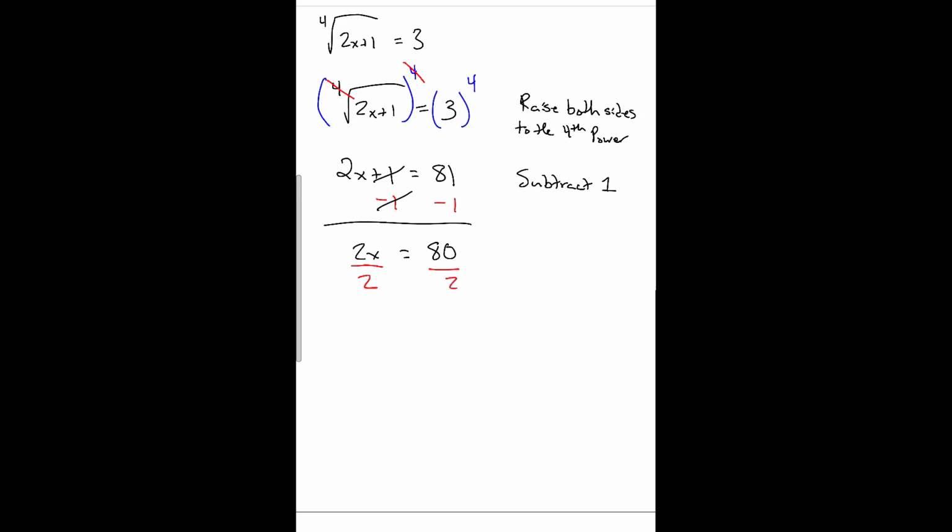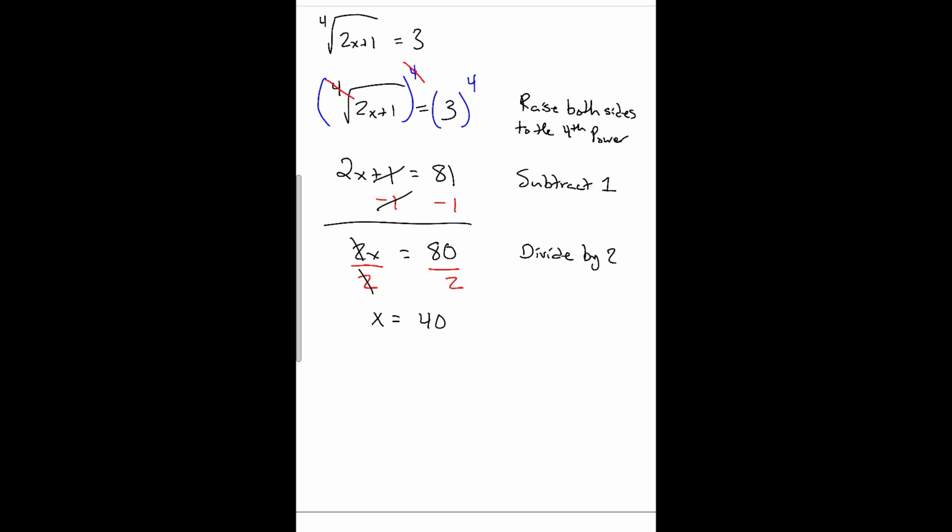So when we divide both sides by 2, the 2's on the left-hand side cancel out, so we have x is equal to 80 divided by 2, which gives us an x value of 40.